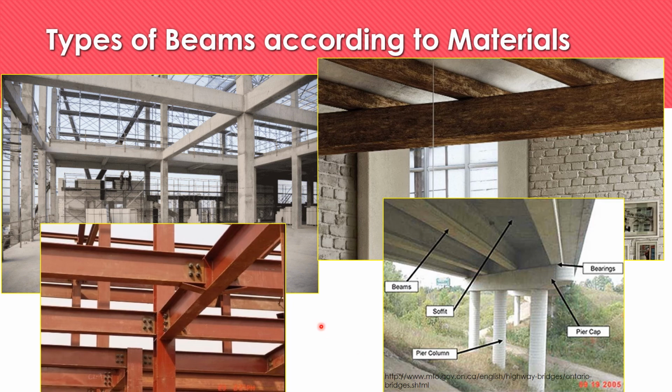So these are the same pictures that I showed earlier, but this time I want to give emphasis on the types of beam according to materials. As you can see, the beams in the pictures use different materials. Merong made of concrete, merong steel, merong wood or timber.